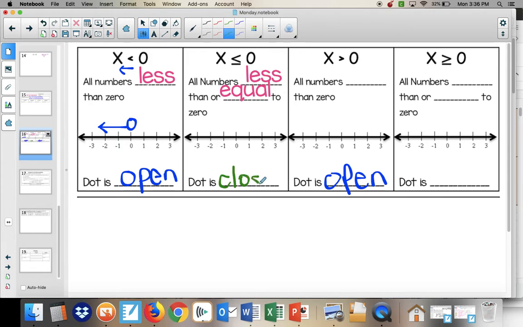Because the value can be 0, at 0, I'm going to put a closed dot, because it's saying that it can be 0 or anything that's less than 0. So again, to the left. Same thing down here. The little extra line underneath means that it can also be that number. So it is a closed dot.